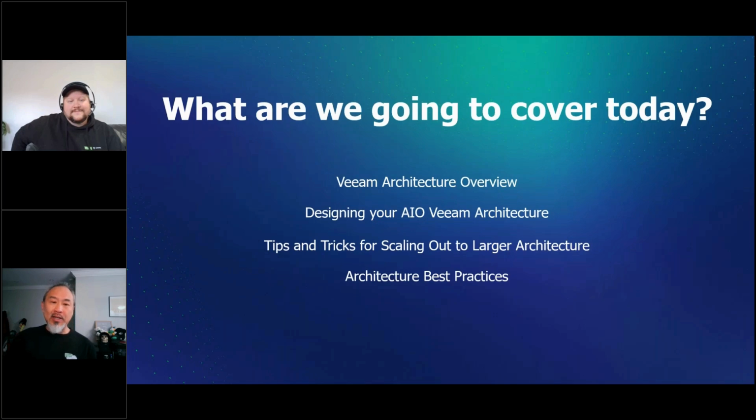We're going to go over brief best practices for what makes a good Veeam architecture, then transition into designing our first simple, all-in-one Veeam deployment. From there, we'll break out some of the components for a larger deployment, give you tips and tricks on scaling this out, and all along the way give you our Veeam architecture best practices.